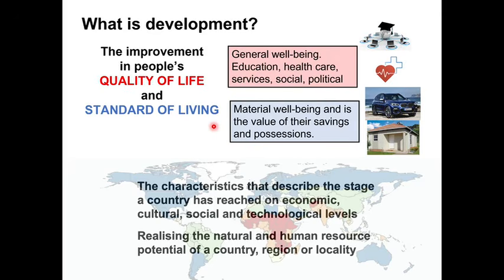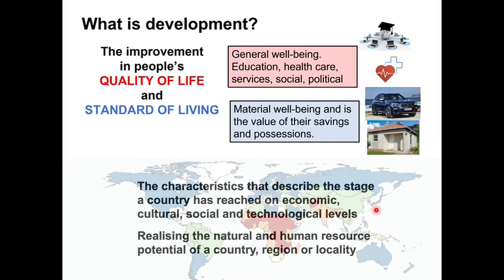But remember that we are busy with something called development geography. So let's have a look at this. This refers to the characteristics that describe the stage a country has reached on economic, cultural, social, and technology levels. Now, what's important, that first paragraph is so very important.